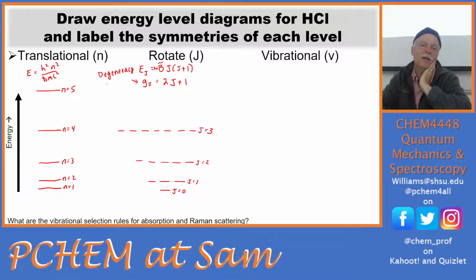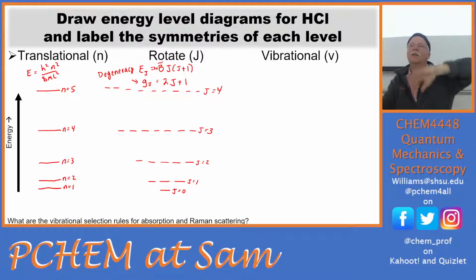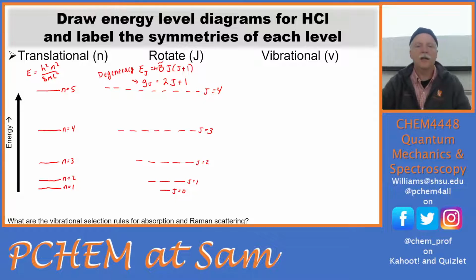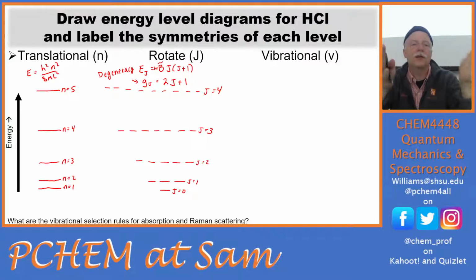Is that correct? Let's see. 4, yeah, 9. 1, 2, 3, 4, 5, 6, 7, 8, 9. And they're not equally spaced, so it goes as J squared. So those are the energy level diagrams for translation and for rotation.